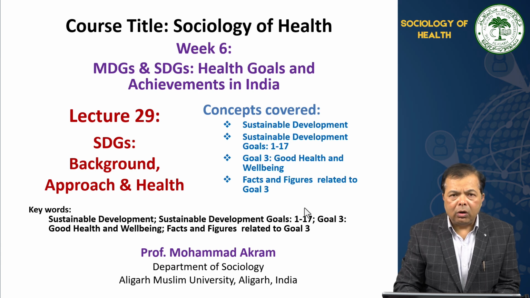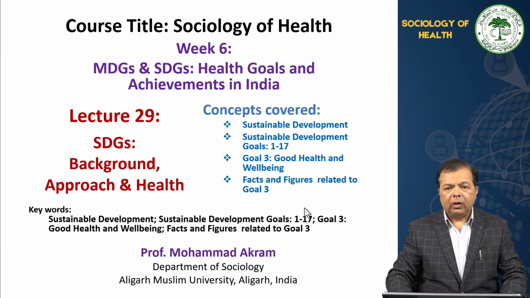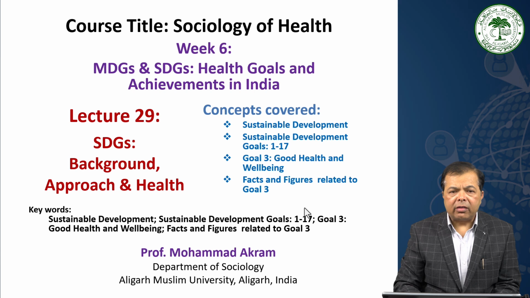And within that goal, we'll talk about all indicators or targets and whatever information is available. And simultaneously, we also try to see what the facts and figures are as of now at the global level, because we need to understand the problem at the global level. So these are the things that we will discuss.